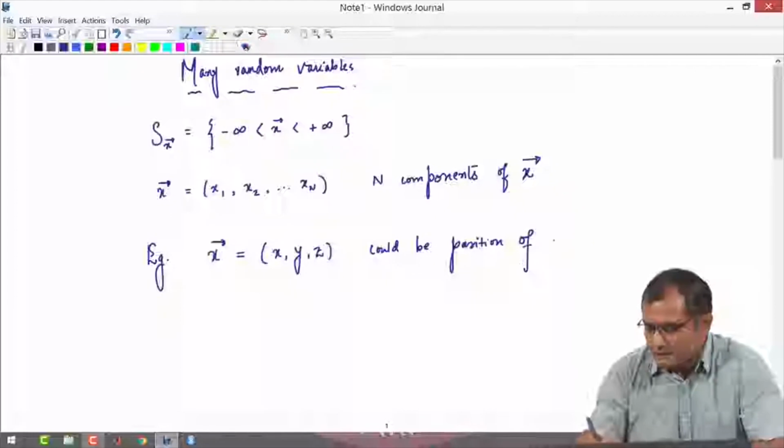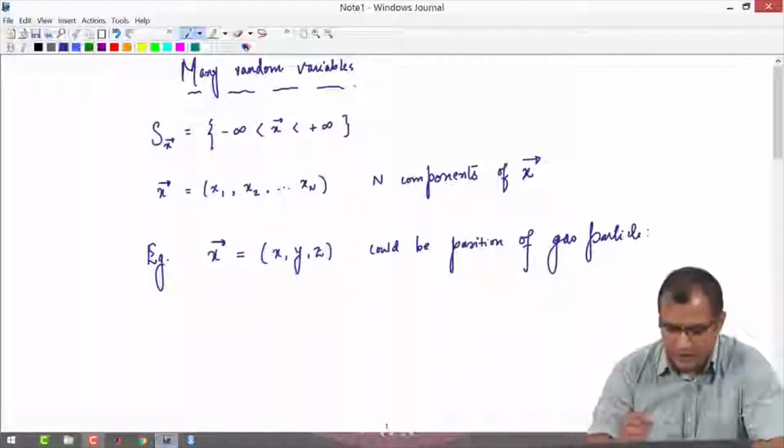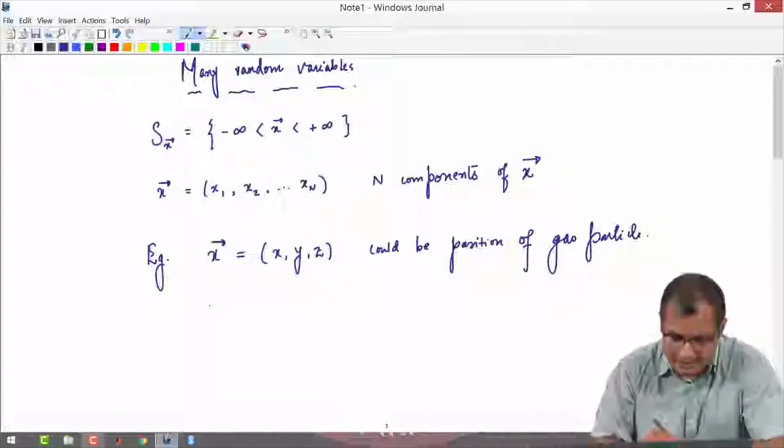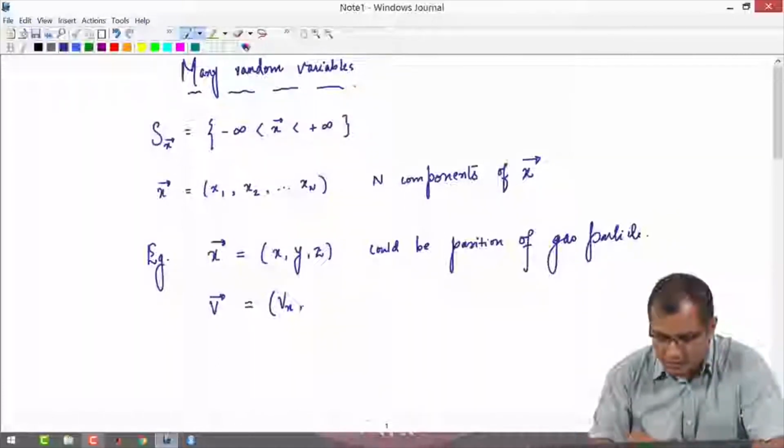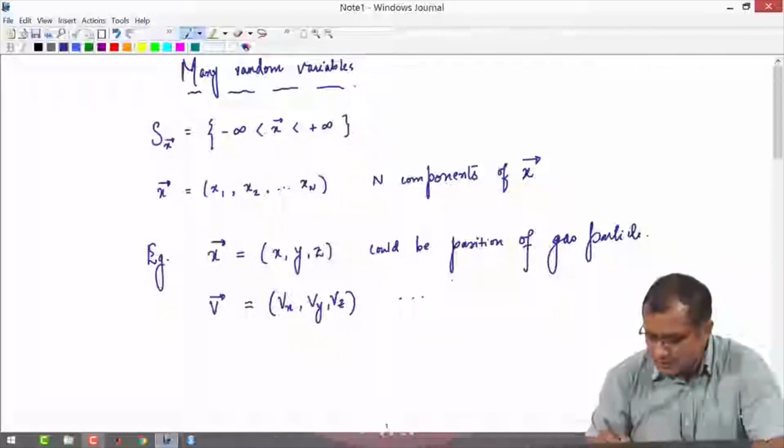You could take x as velocity. In that case, you would have three components for the velocity for the gas particles in this room.